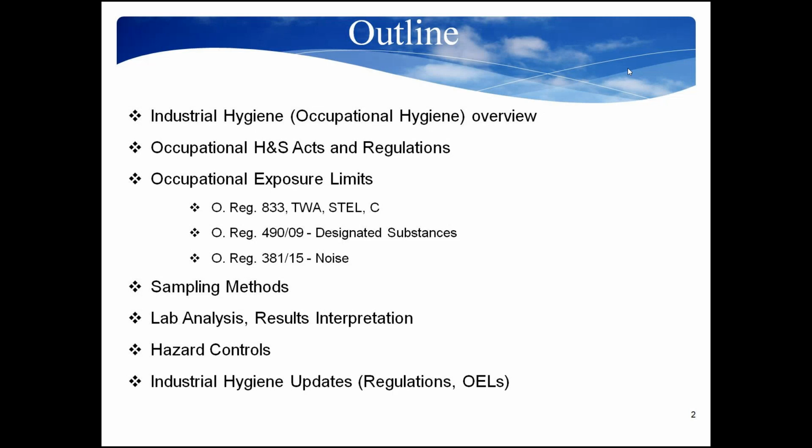We're going to look at sampling methods. We'll take a look at lab analysis results and interpretation of those results, hazard controls, and industrial hygiene updates on the regs and any OELs.